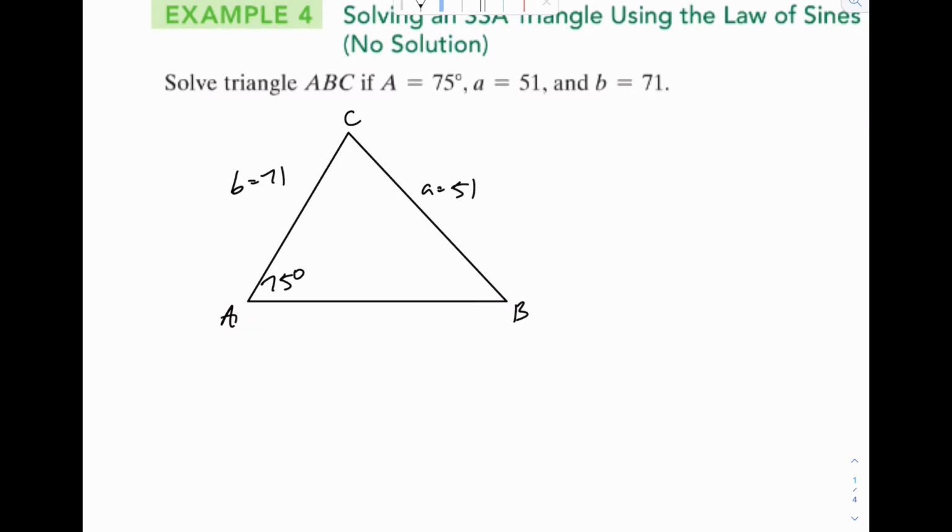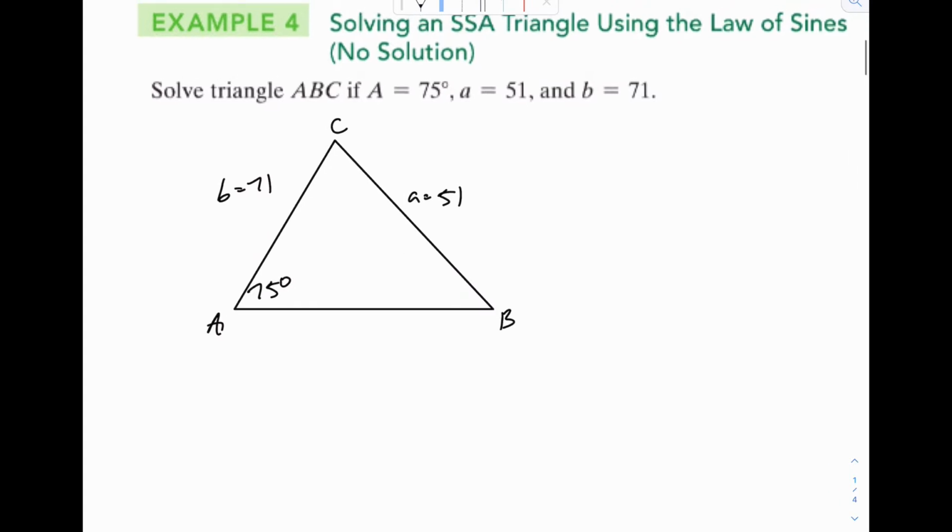So looking at what we know, what you always want to do is this. Identify the, quote, pair. Meaning you want to identify the leg and the angle that correspond that we know. So for example, these two would be our pair because we have a corresponding length and an angle.